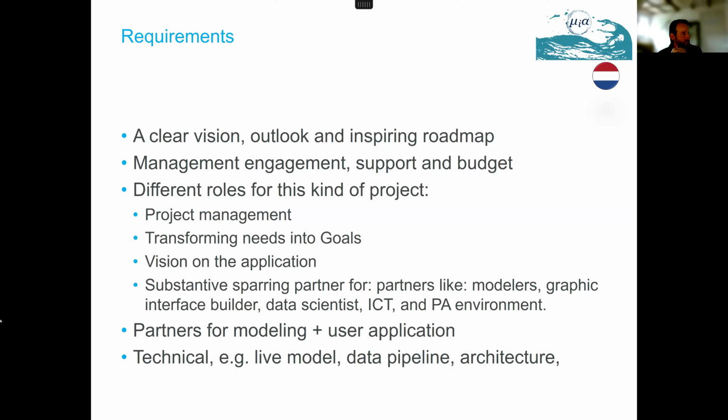And we need substantive sparring partners like modelers, graphic interface builders, data scientists, ICT, and process automation environment people. Of course, we need good partners for modeling and the user application, and technical stuff like the model, data pipeline, architecture, etc.